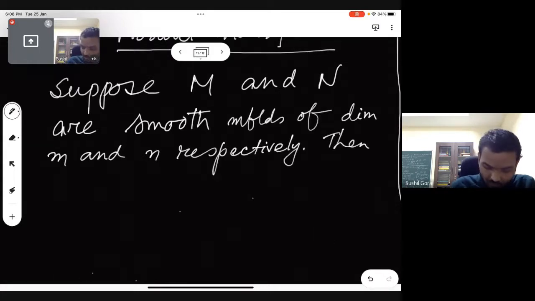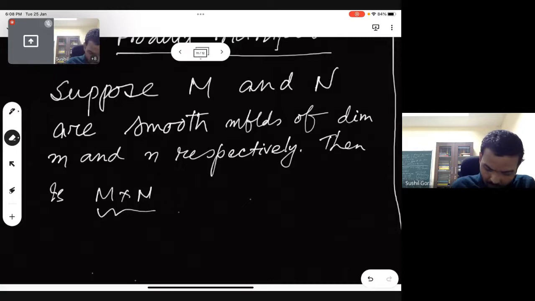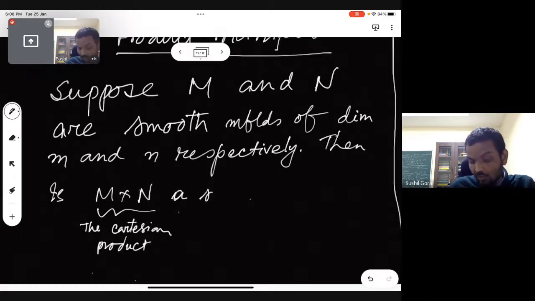Then is M cross N, the Cartesian product, a manifold, a smooth manifold?